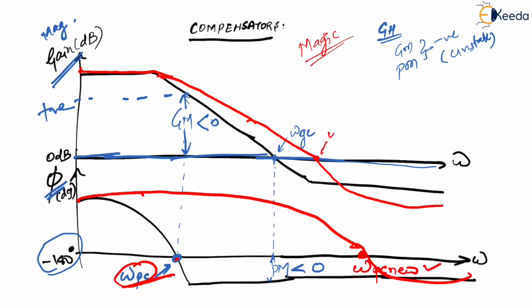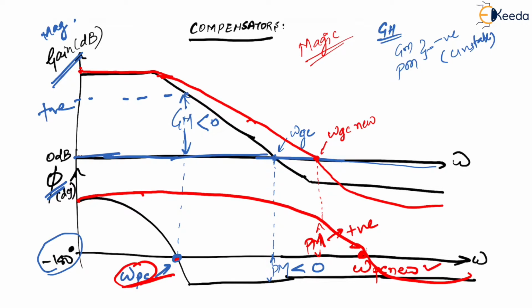This is going to be your new gain crossover frequency, your new omega gc, right? So for this new omega gc, if you take it down here, you get this new PM, and if you observe, this new PM is positive.